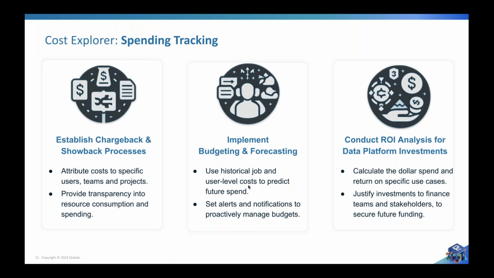Implement budgeting and forecasting based on the historical job and user level cost, which can help you predict future spends. And at the same time, you can set alerts and notifications to manage your budgets.